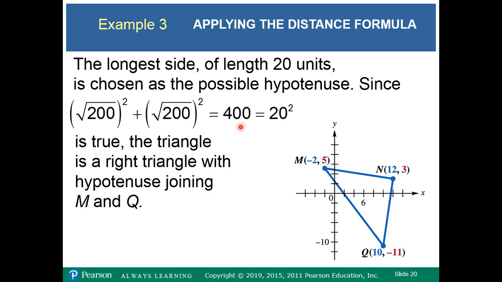So this is 20 squared. So it is true, the triangle is a right triangle with the hypotenuse joining M and Q. So MQ is the hypotenuse. This is a right triangle where this is the hypotenuse, and it's in fact an isosceles triangle.